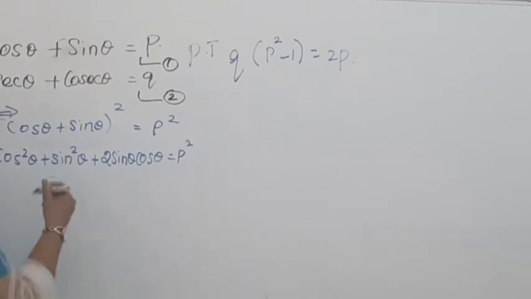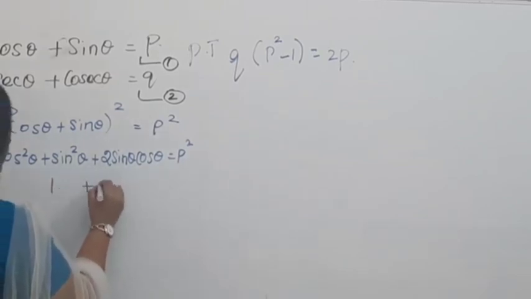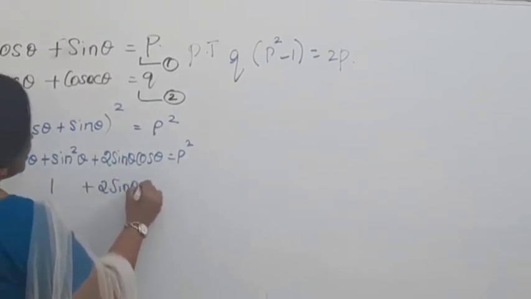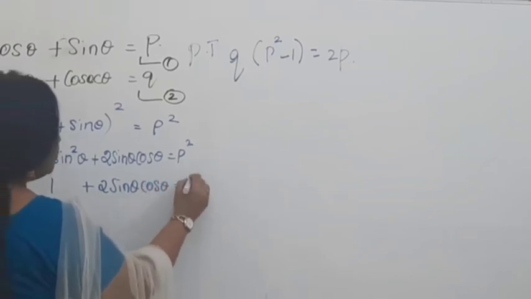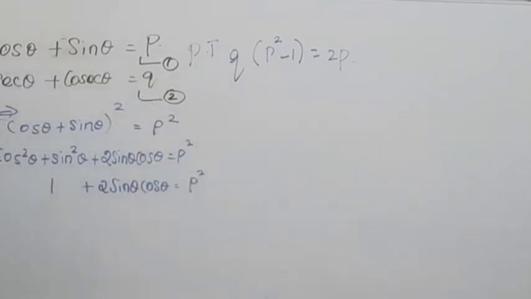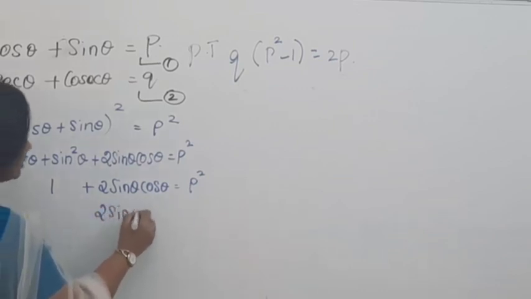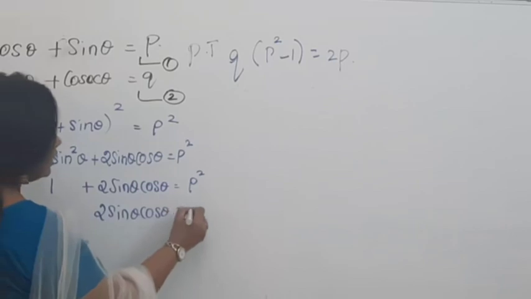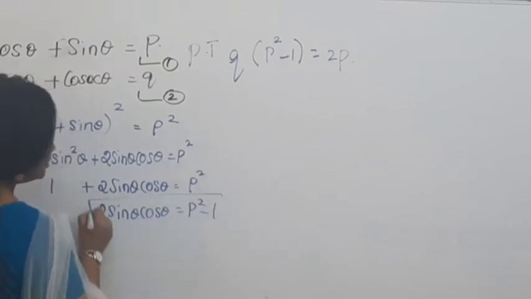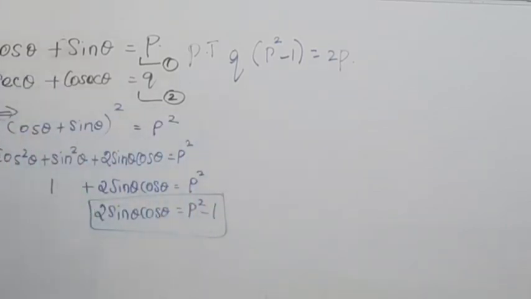That means I have to substitute here. So this is not all the time the same, but you have to see what I have to prove. Based on that, I will substitute. So now you can understand 2 sin theta cos theta is equal to P square minus 1. See, I got P square minus 1 is 2 sin theta cos theta.